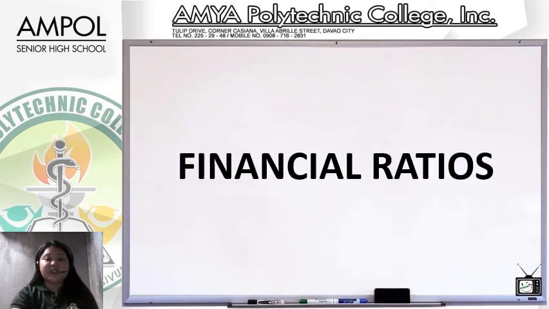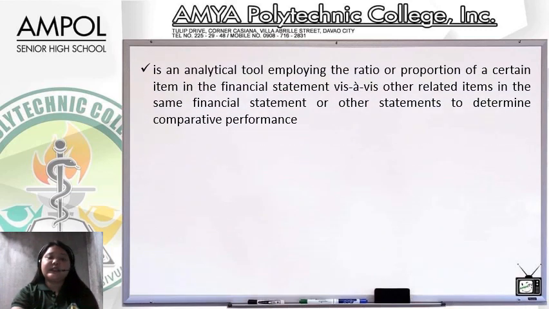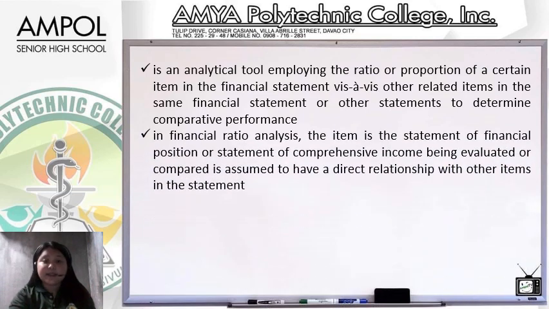So, financial ratios. This is an analytical tool employing the ratio or proportion of a certain item in the financial statements to related items in the same financial statement or other statements to determine a comparative performance. Second, this is a financial ratio analysis.